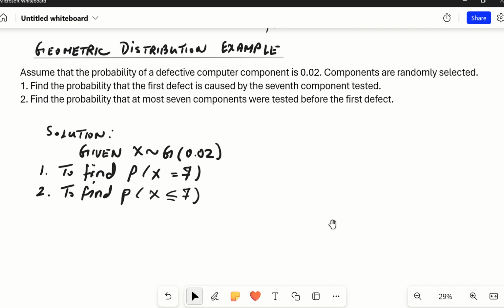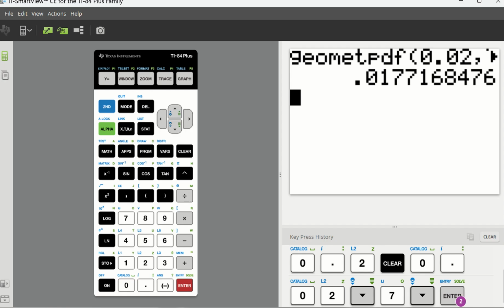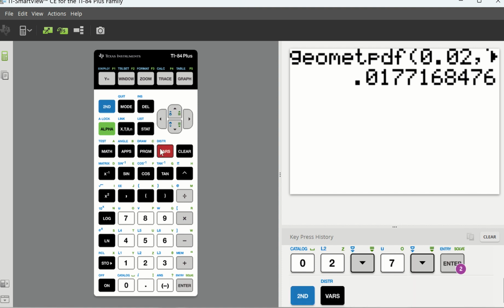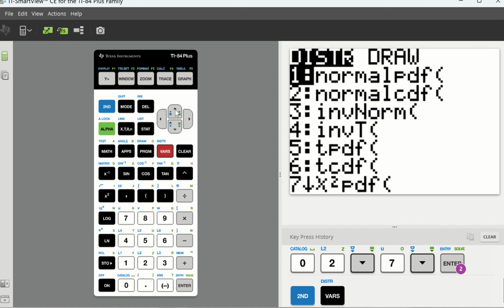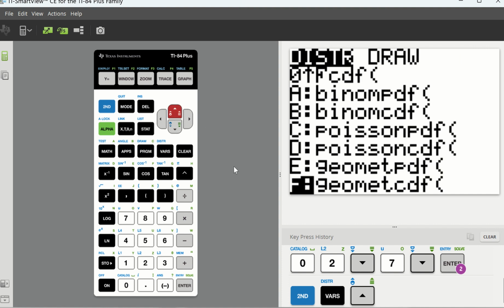Let's take a look at the second part. Find the probability that at most 7 components were tested before you found the first defect. At most means you're looking for the probability for random variable x being less than or equal to 7. Let's go to the calculator, and we need to get back to the geometric distribution functions. So 2nd VARS, scroll up, and this one has direction.